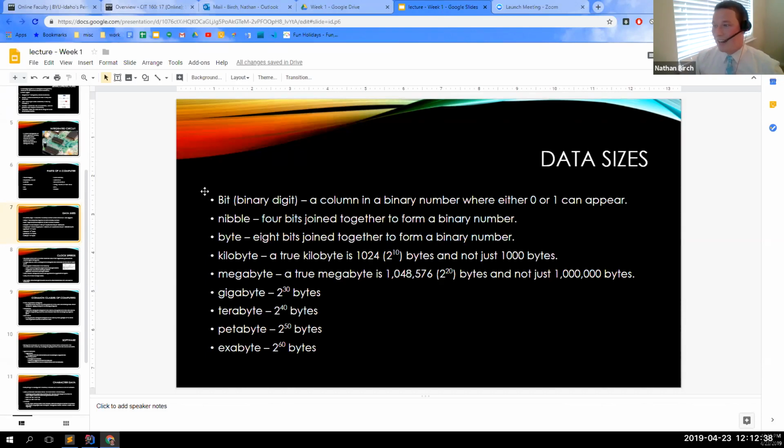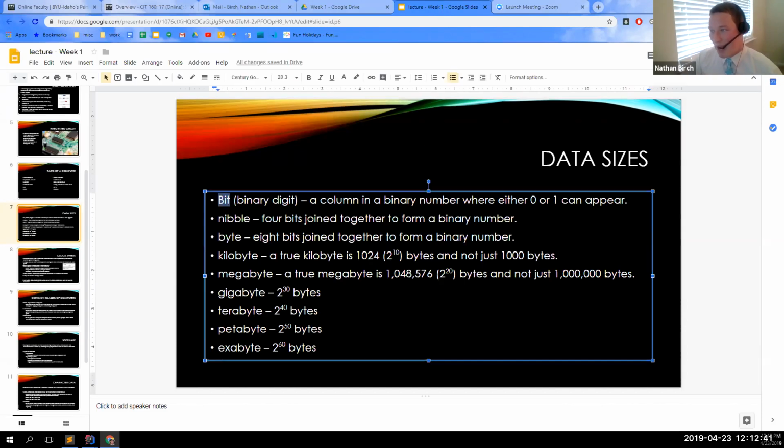That could be considered a bit, a binary digit, where it's either a 0 or a 1. It's either false or true. At the very baseline of everything, whether it's data in a Microsoft Word document or a program that we write, or this conversation over Zoom, there are all these different types of data, but at the very baseline, it's all just a bunch of true or false values.